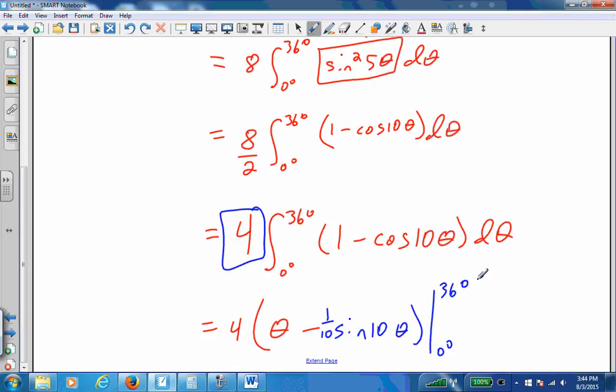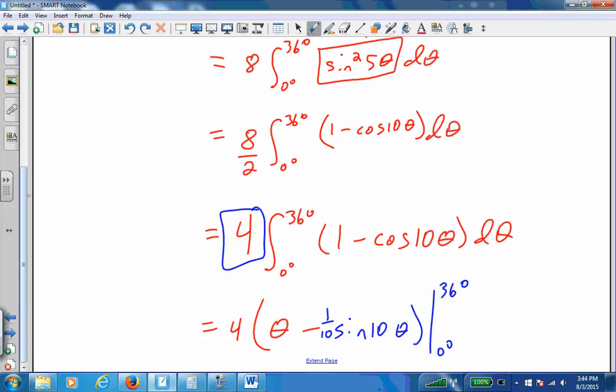Now, slight issue here. When we substitute in, it's okay to substitute here in terms of degrees, but here we don't need units on the number we're plugging in. If I put a degree in, doesn't that have units? What unit of angles is unitless?